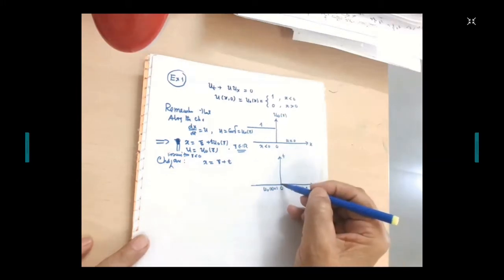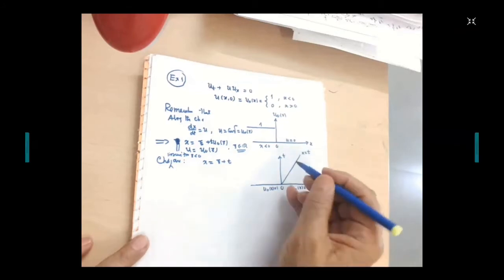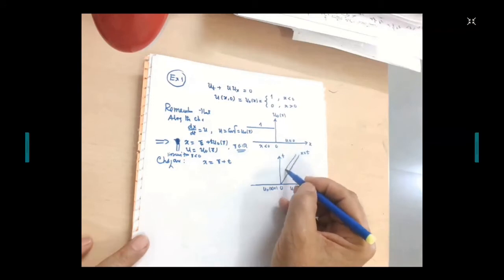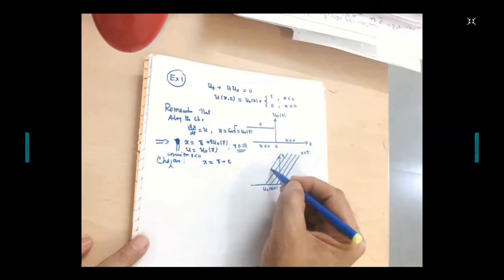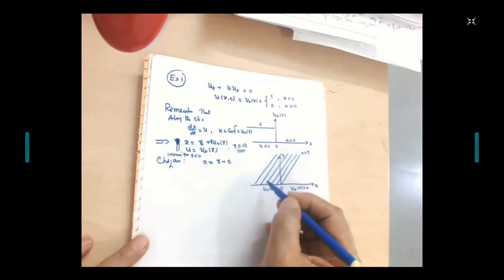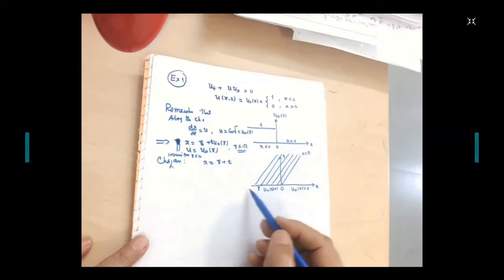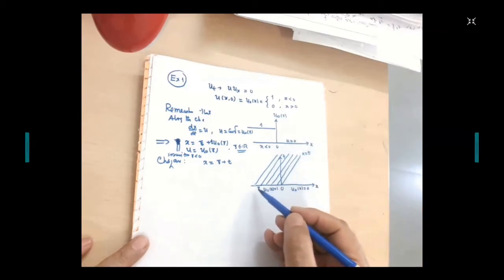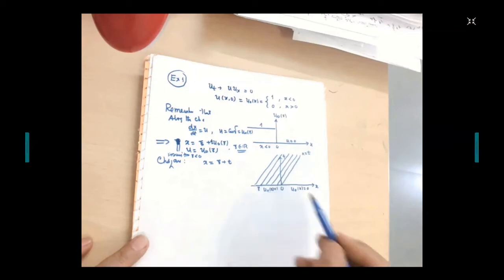The leading characteristic issuing from here is x equal to t, or t equal to x. The remaining ones are all parallel. For different values of xi we get different characteristics, and all these characteristics carry the information available here on the initial line.